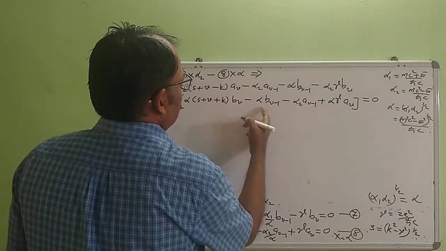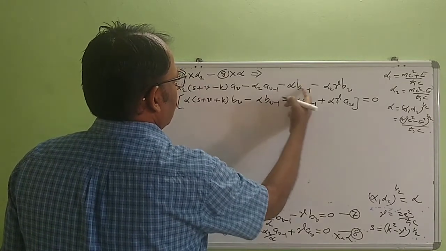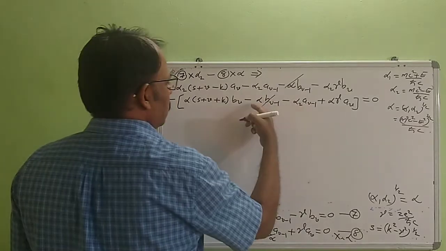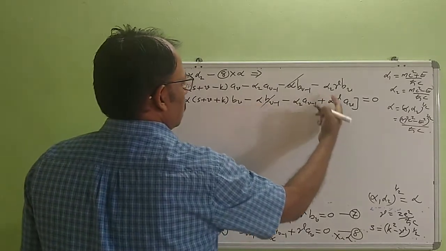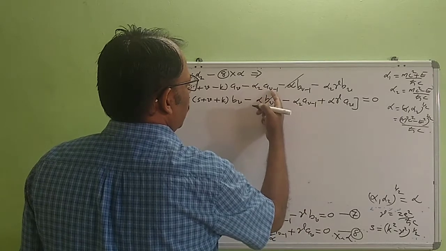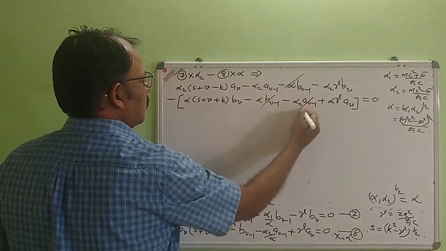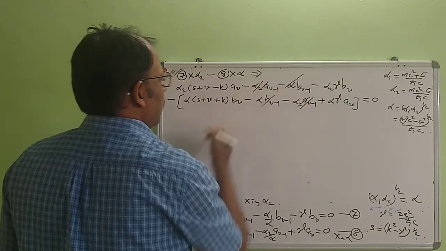Alpha BV minus 1 and alpha BV minus 1, these two will get cancelled. Here minus is there, so this will become plus. Minus alpha 2 AV minus 1 and minus alpha 2 AV minus 1, here minus is there, so these two terms will get cancelled.